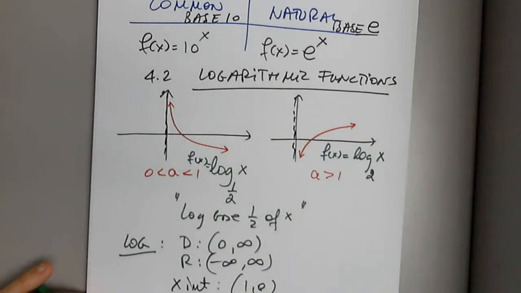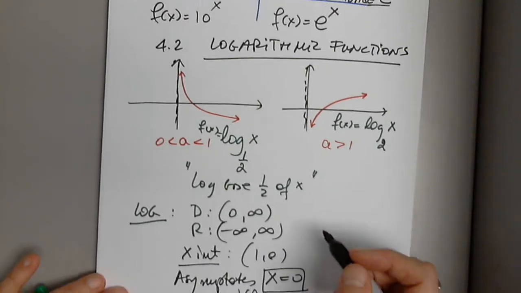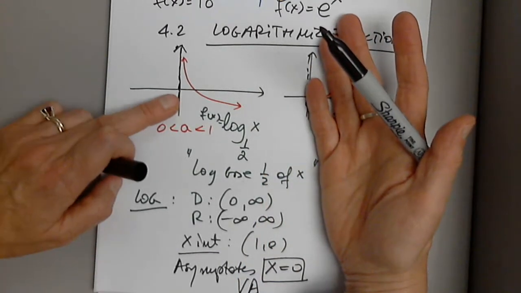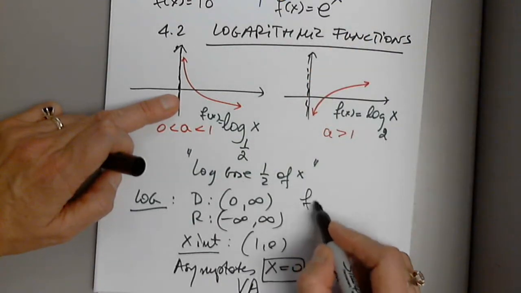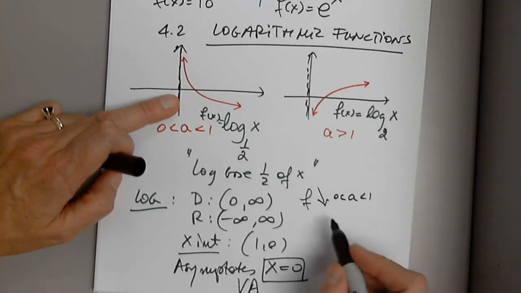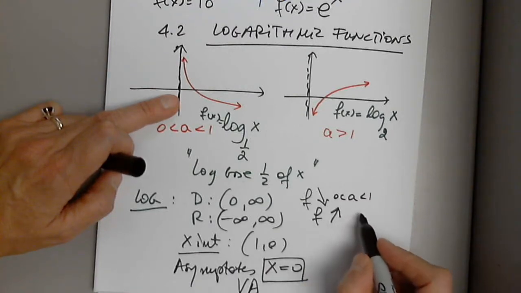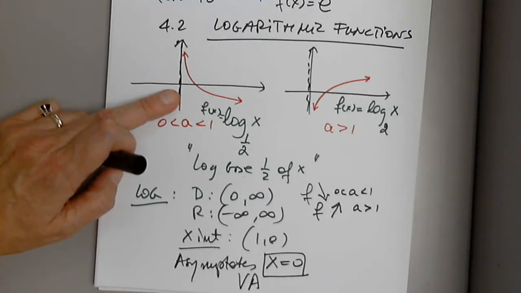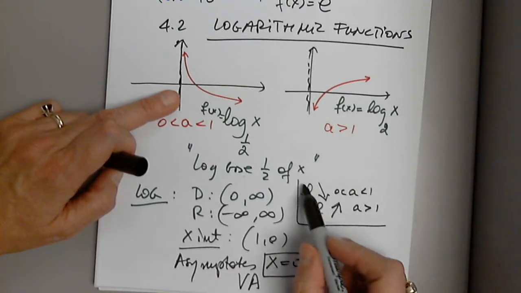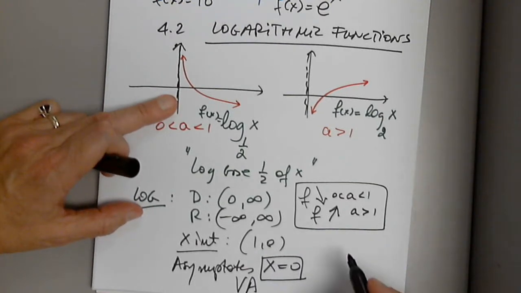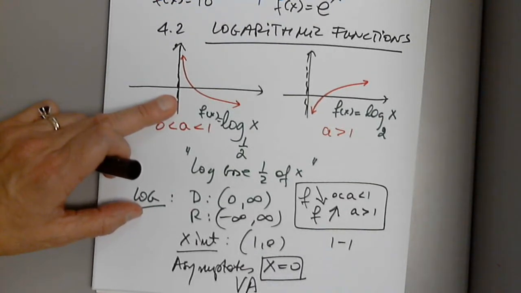Very good. Is it increasing or decreasing? Let's look at the first function. So f decreasing for a base between 0 and 1, but f increasing for a base greater than 1. So these go together. Is it 1 to 1? By the horizontal line test, is 1 to 1.